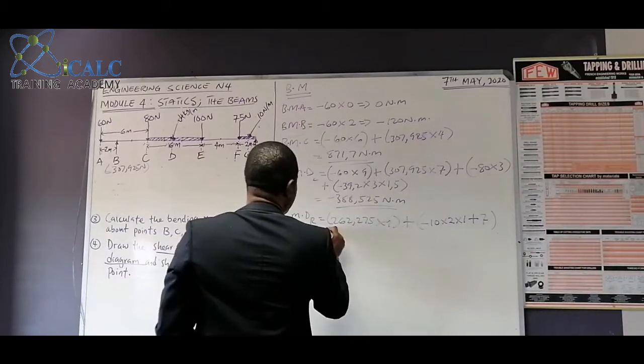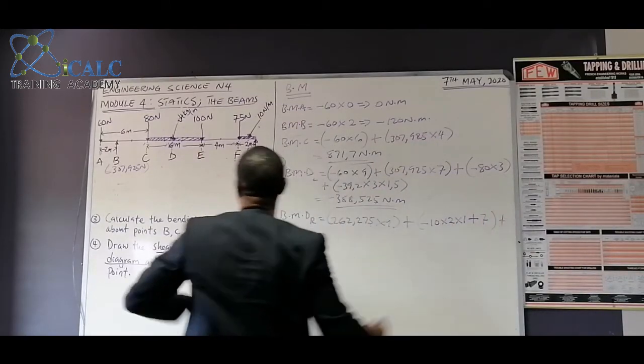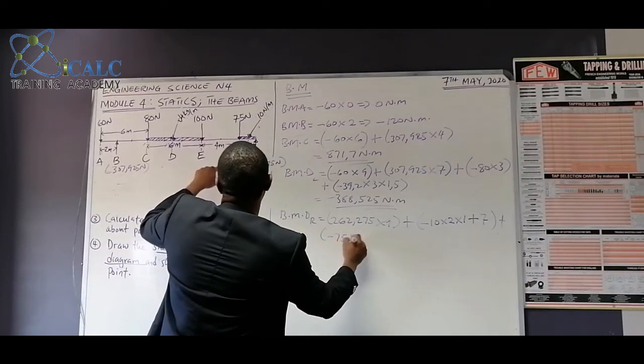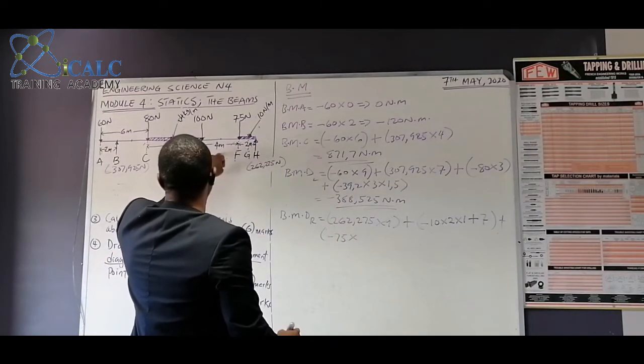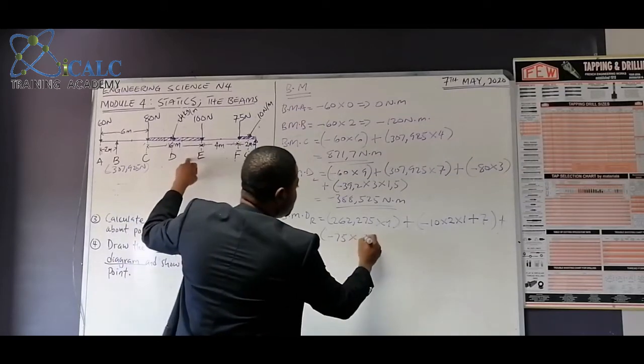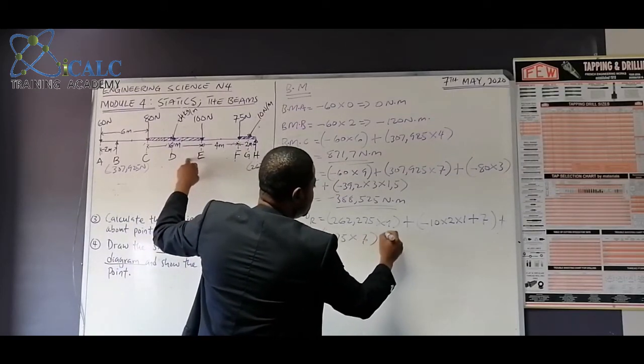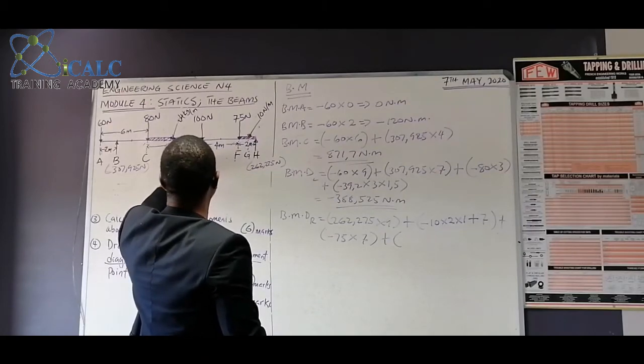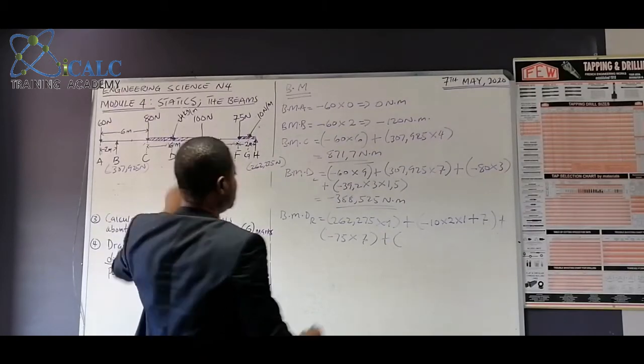Okay. Plus minus 75 by 4 plus 3 is 7, plus we have a UD here.